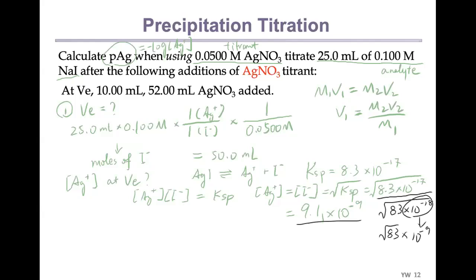Okay, so since we have this concentration, now what about pAg? Just do the negative log of that number. And what do we get here? And how many sig figs are we supposed to keep? 2. Wait, this is a logarithm problem, right?